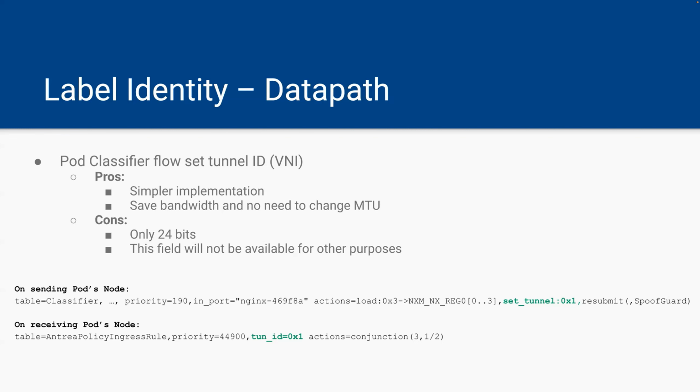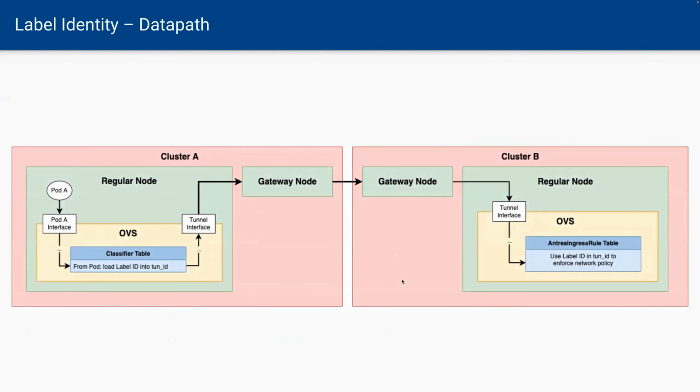Okay, I'll just move on a bit if there are no other questions. So this diagram basically captures what is going on for loading the ID in the classifier table from the sending node, and then the traffic goes through the gateway node to another cluster if the traffic is intended for a service backend on another cluster.